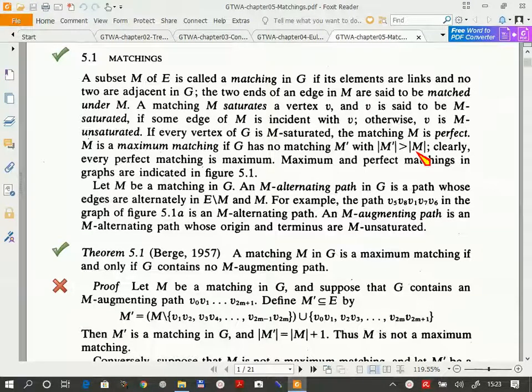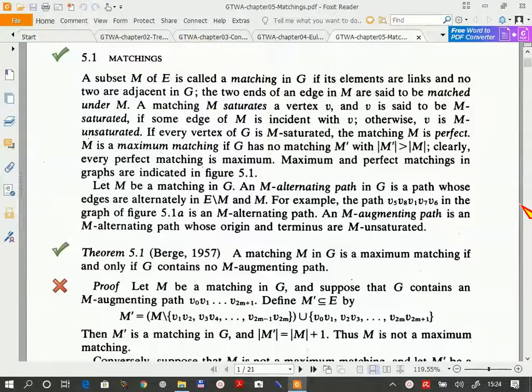Here I want to say the authors always are very much interested in maximum or minimum. But there is also another type of thing. It's maximal or minimal, which is different in the sense that I might have a matching which is maximal, meaning that if you add an edge, it will not be a matching anymore because it touches the end of some already present edge.